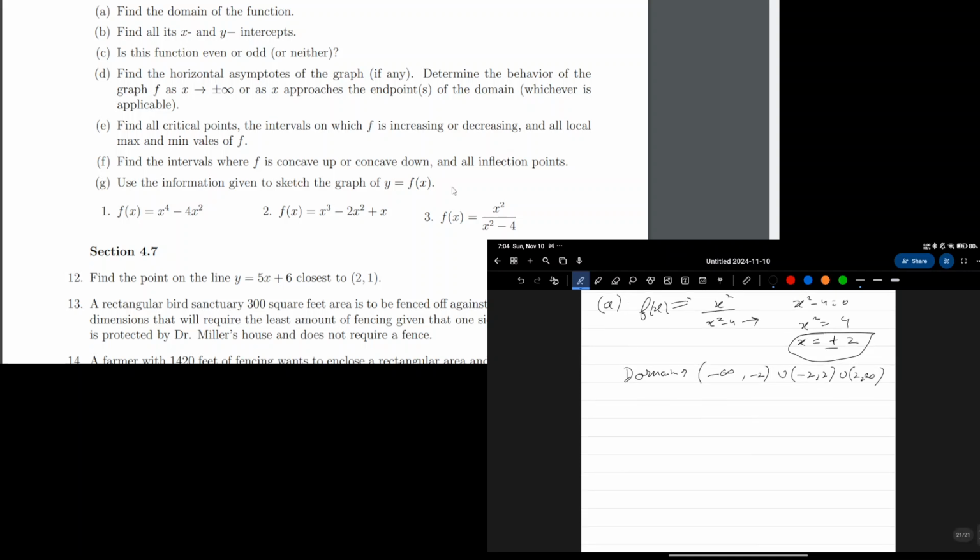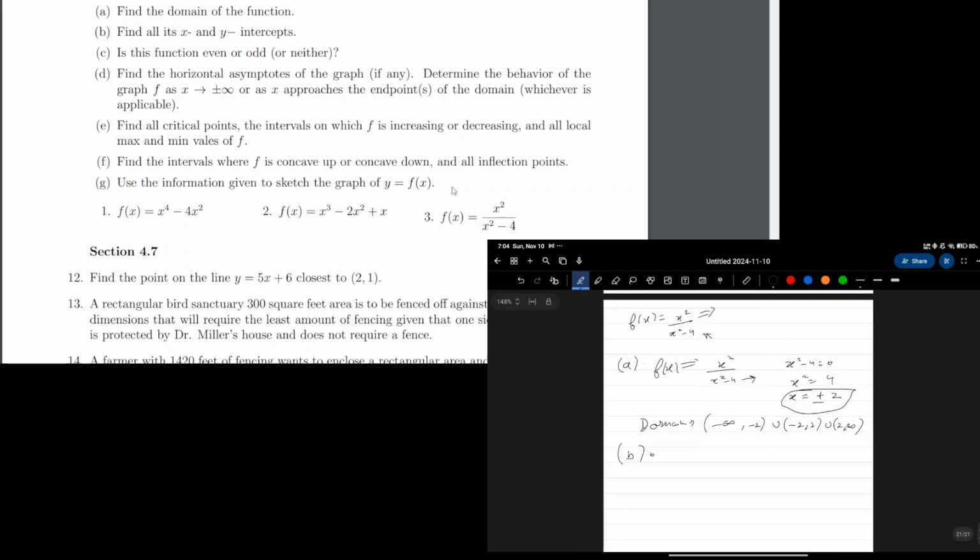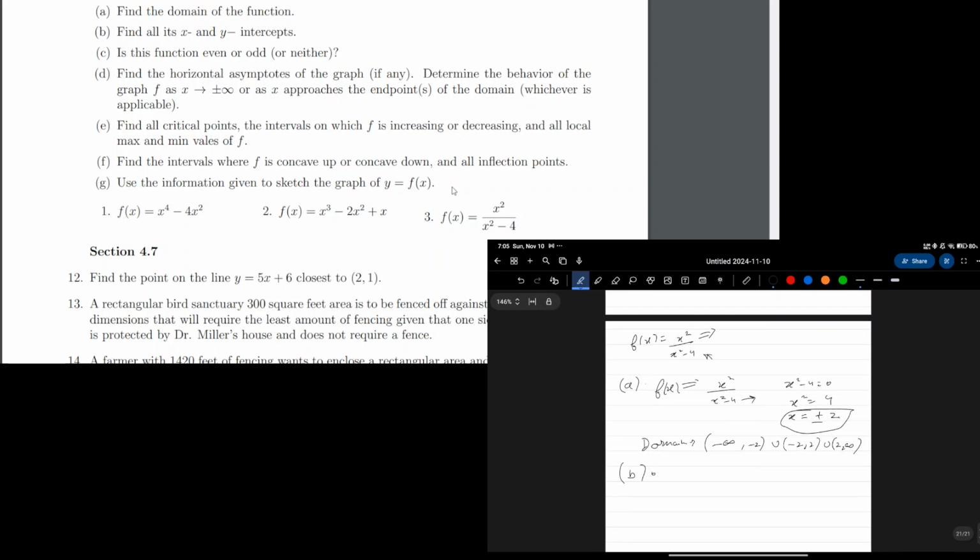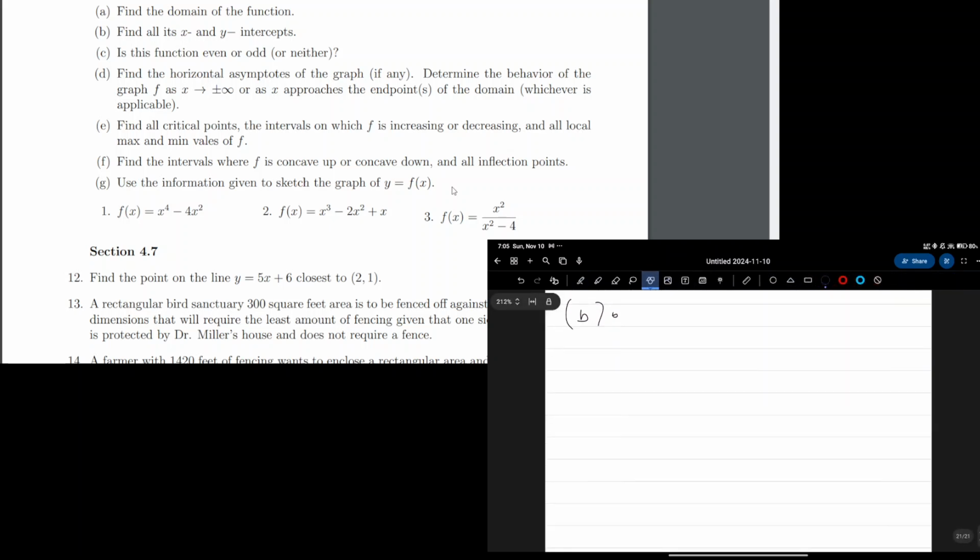Alright. Finding the x and y intercepts. To find the x-intercept, let's say I have a graph over here. What are intercepts? Intercept is when my graph crosses the y-axis and the x-axis. These are my intercepts.